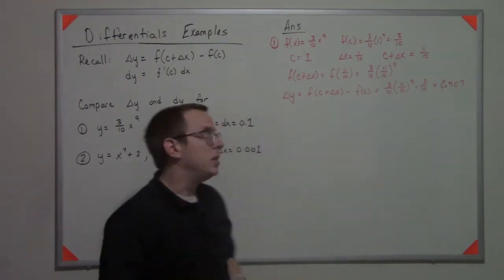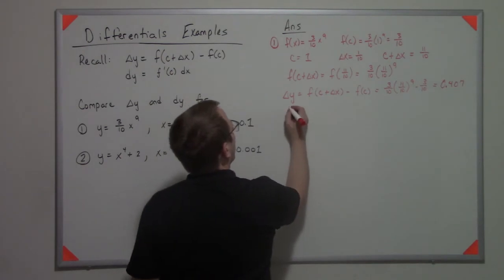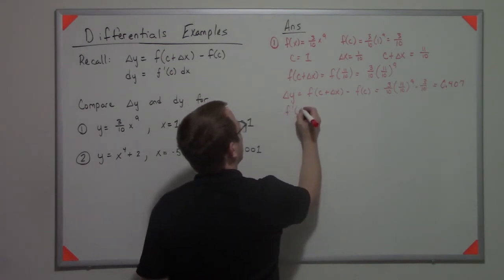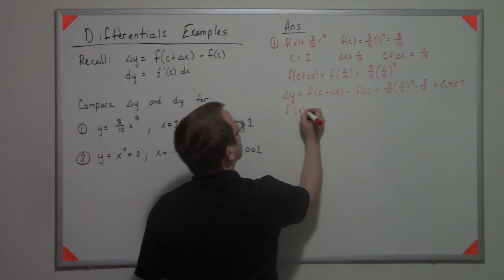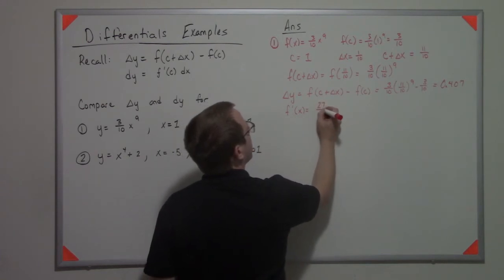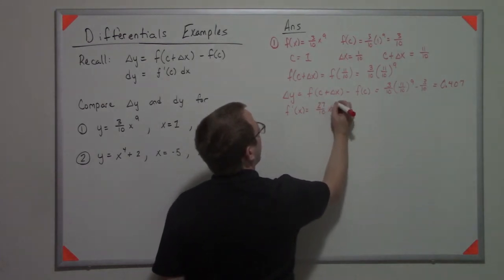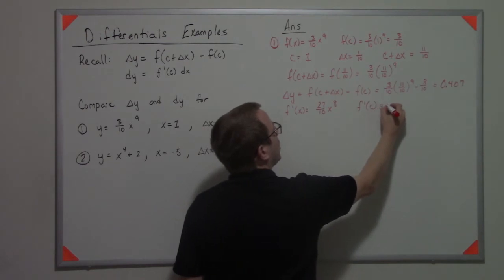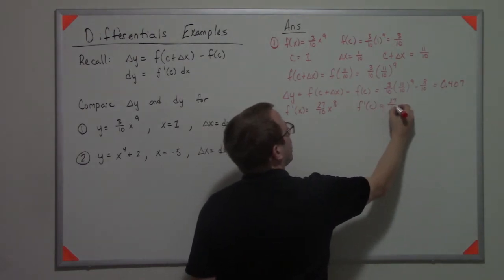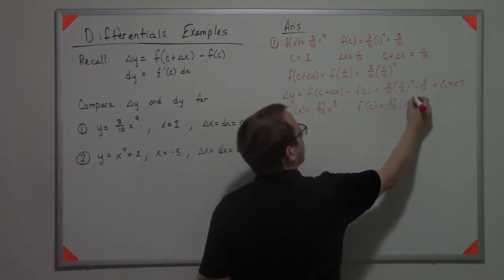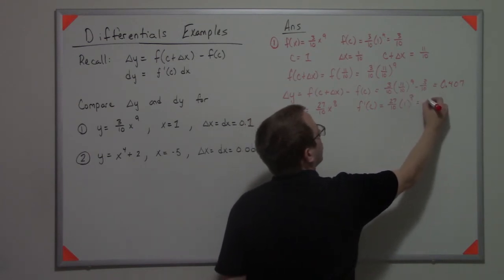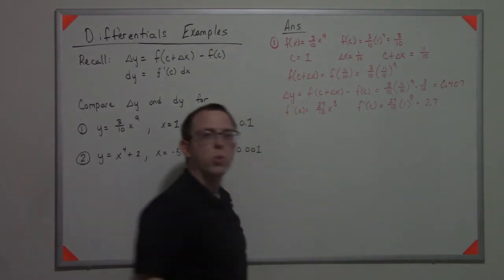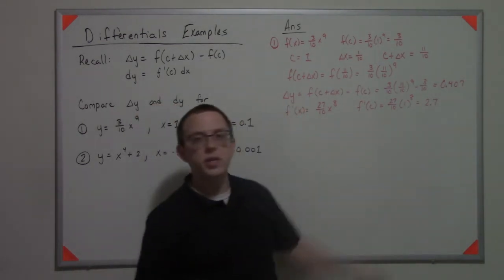Now, if we compare this to dy, we need f prime at c. First of all, f prime of x is 27/10 x to the 8th. And f prime at c is 27/10 times 1 to the 8th, which is 2.7, because that's just 27 divided by 10.